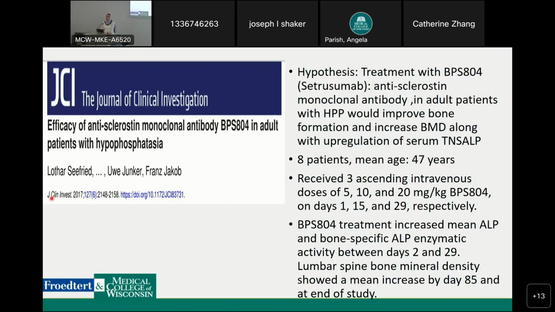But I do think the idea of either intermittently using enzyme if you can get it, or Romo, is worth considering. It's hard for me to believe that setrusumab would be any different than Romo, but I don't know. And it's interesting that the company that has this drug is going for the rare bone disease market. It's hard for me to believe that they'll be able to price it more than Romo, because I would think you'd be able to just use Romo. I don't know.